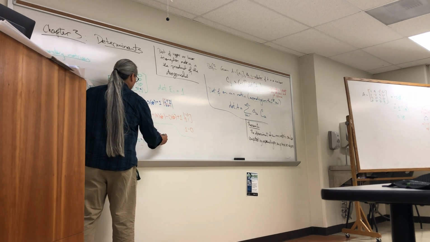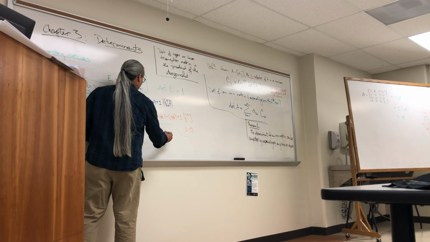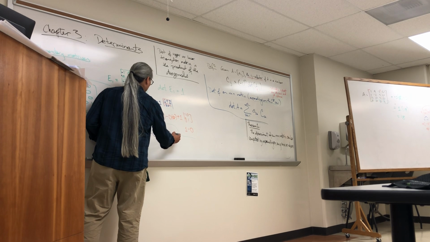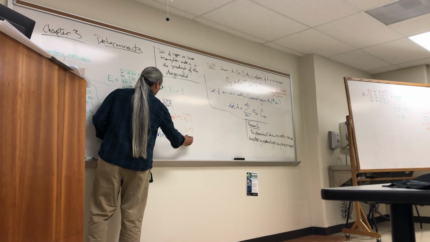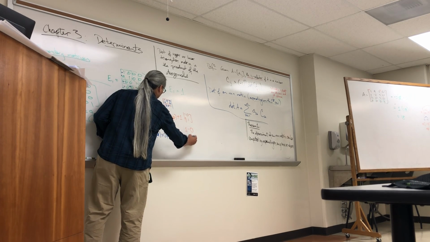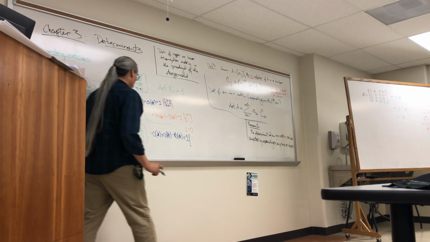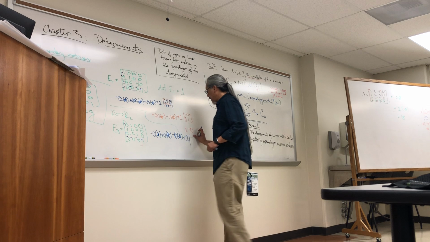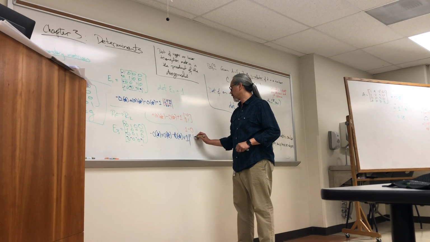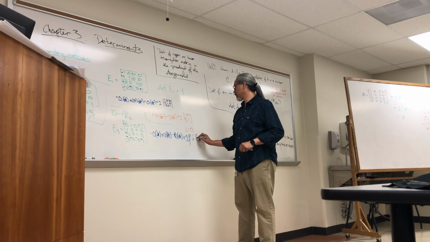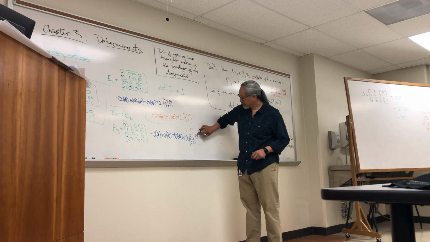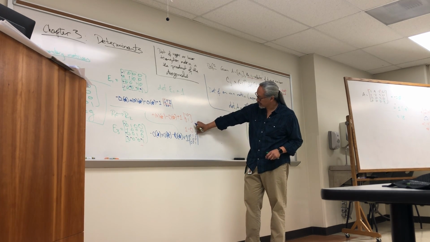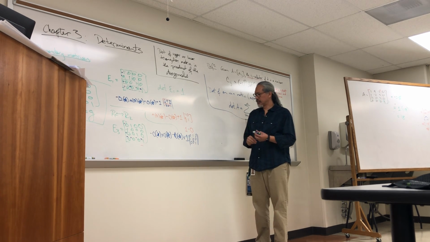Minus 0, plus 0, minus 0, plus 1, times your submatrix: 0, 1, 0, 1, 0, 0, 0, 0, 1. We should have vertical lines here because we're talking about a submatrix.